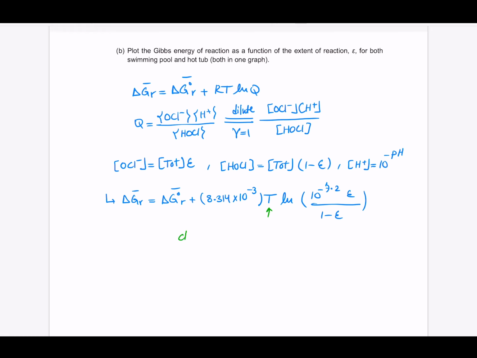So the T factor changes for swimming pool and hot tub. Anything else?